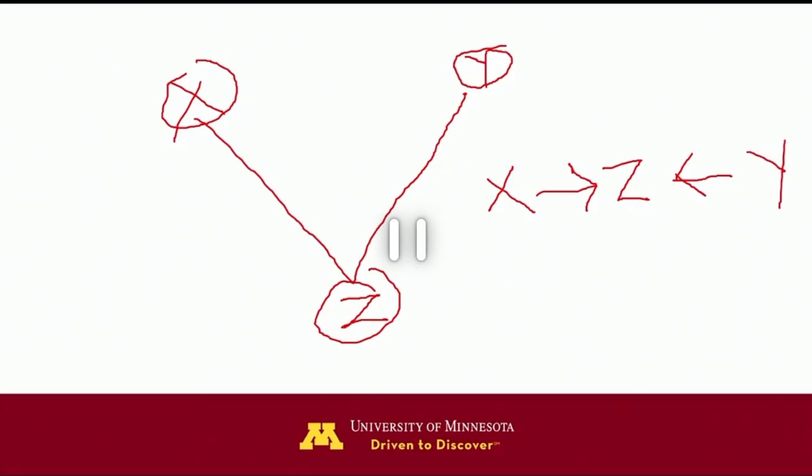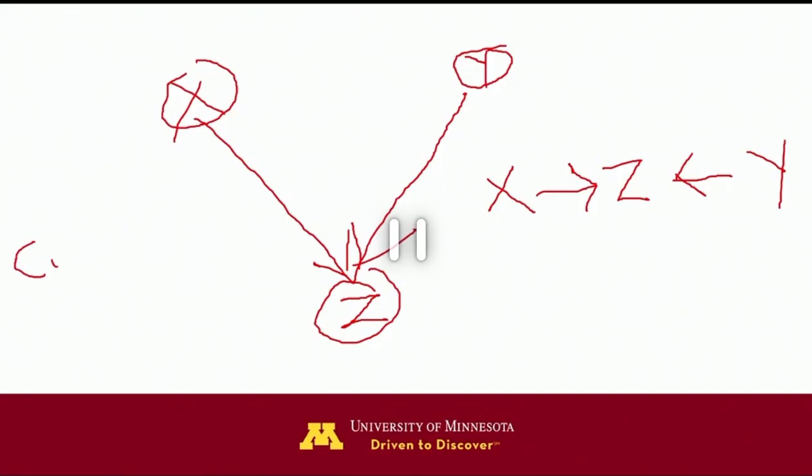This is different from a chain. In a chain, the arrows go the same way, right? But if you look at what I have right now, the arrow goes to Z, and Y also goes to Z. This is an example of a collider.